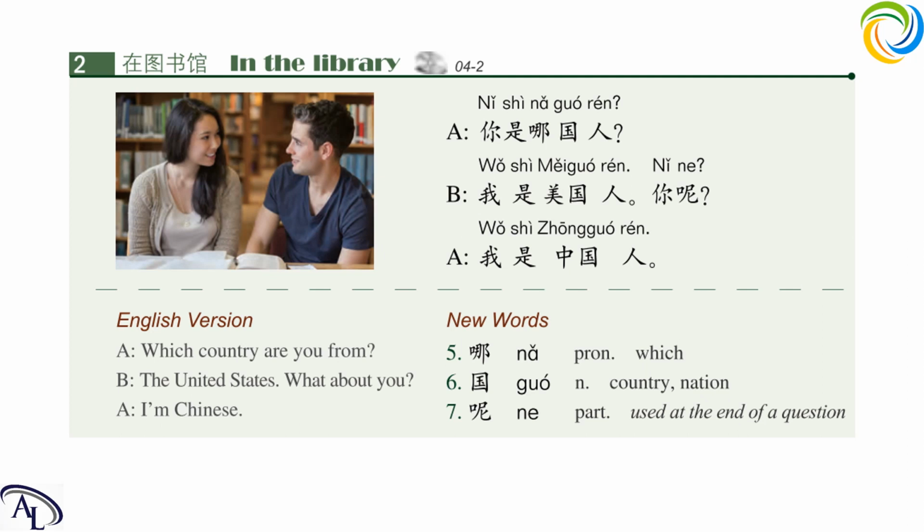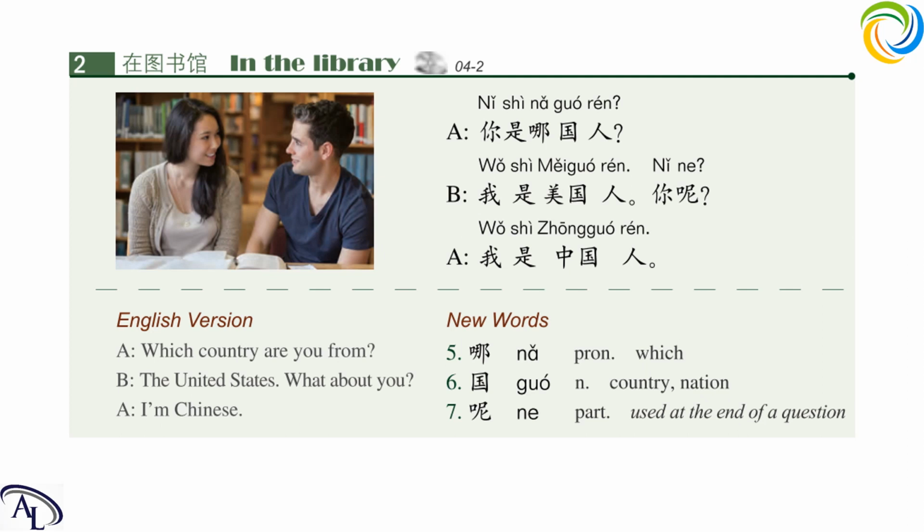So when I want to ask where are you from, it actually means which country are you from or which country's person you are. So this sentence becomes 你是哪国人? 你 is the subject of this sentence and 是 is the verb of this sentence. Okay, and 哪国人 is the object of this sentence.